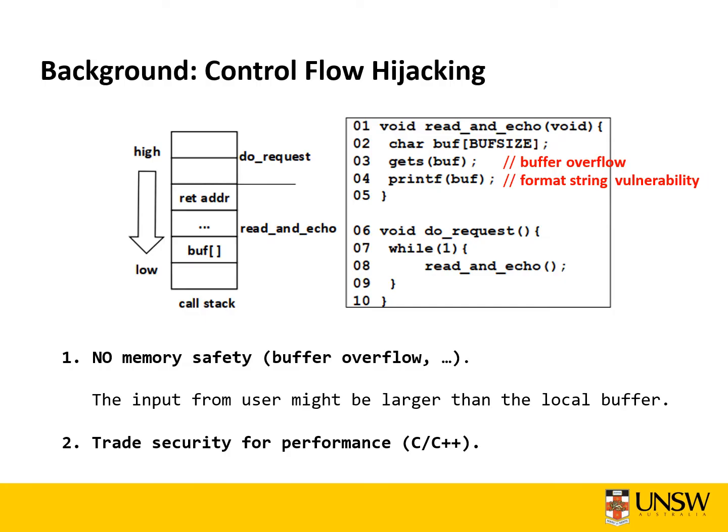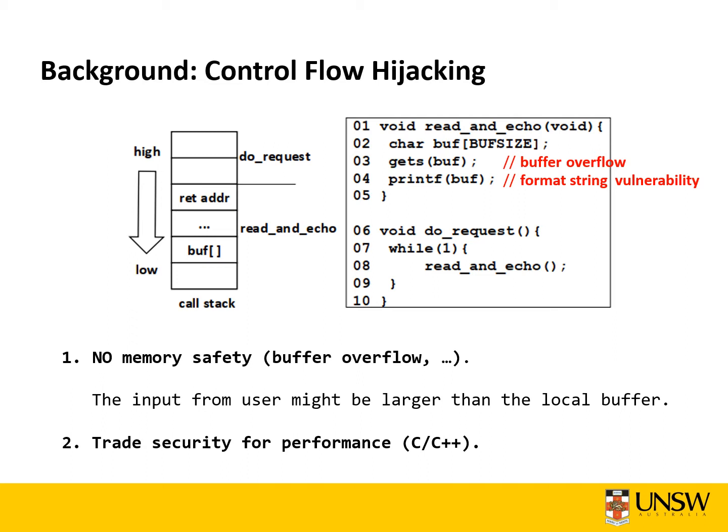First of all, we give a simple example to show how a buffer overflow vulnerability can be exploited to hijack the control flow. The gets function called at line 3 reads input from the user, but it does not check whether the buffer at line 2 is large enough.